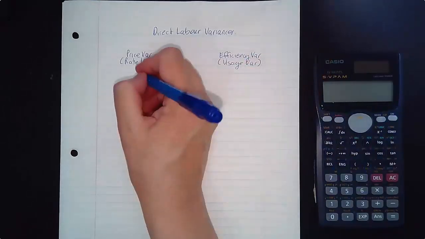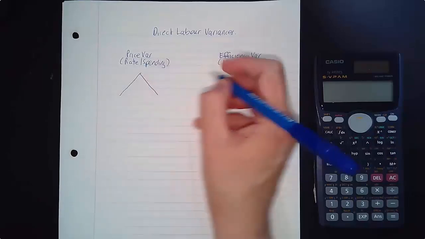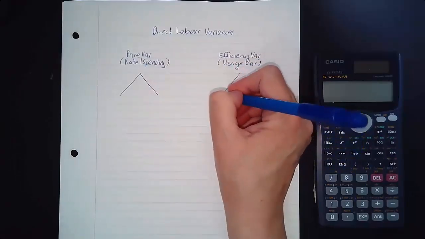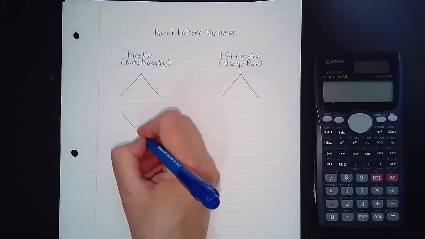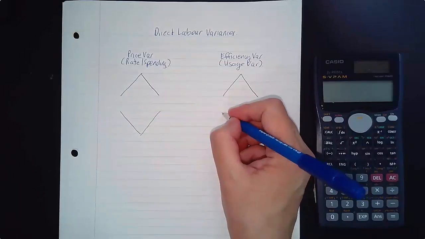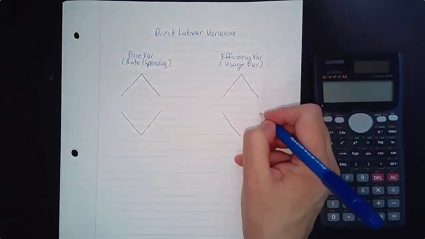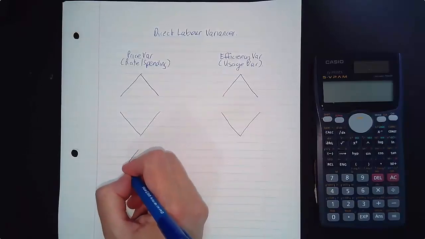I'm going to start by drawing my diamond. Leave 2 spaces. Do the bottom part of my diamond. Leave 2 spaces. Do another half diamond.